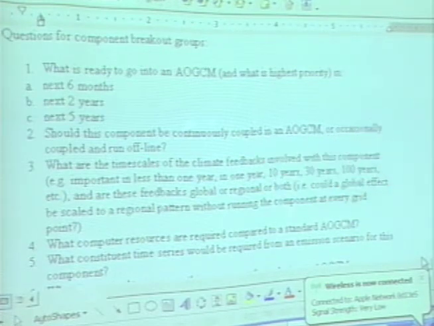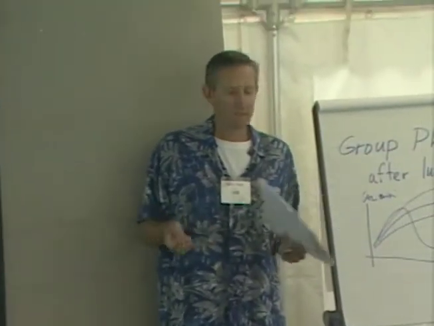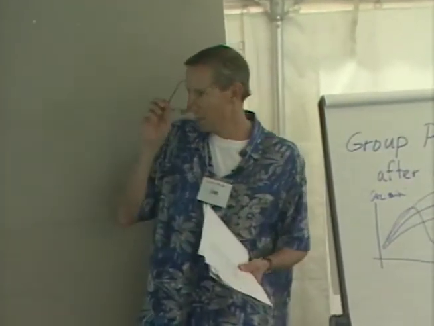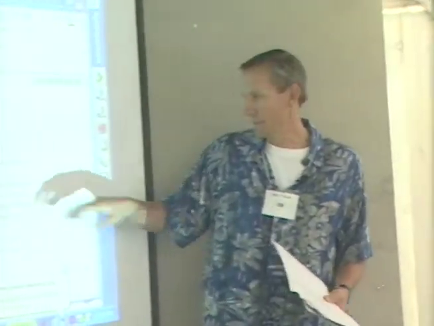Then there are the time scales of the climate feedbacks. If you're looking at climate change over the next 10 years, maybe the carbon cycle wouldn't have that big an effect on the size of the feedbacks. Or maybe dynamic vegetation dying or growing in a place would have a big feedback on a shorter time scale. But some of these feedbacks may be longer, maybe a 10 to 30-year time scale or 100 years.